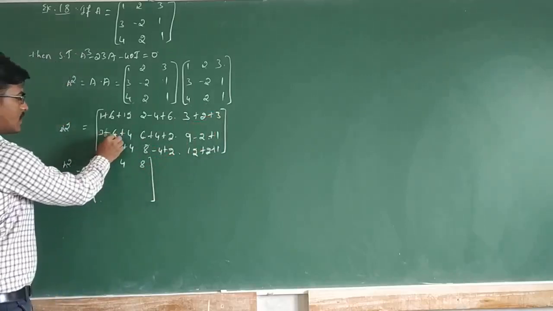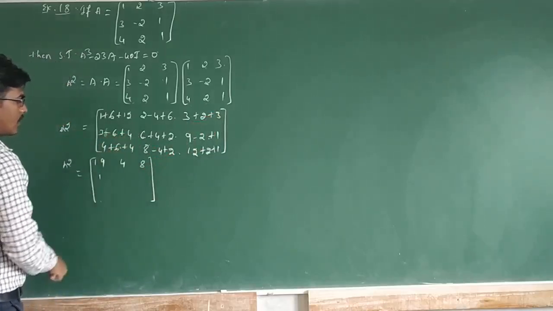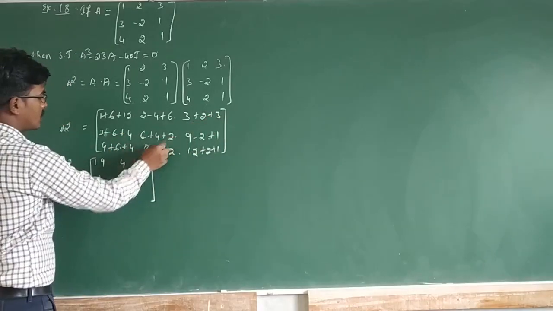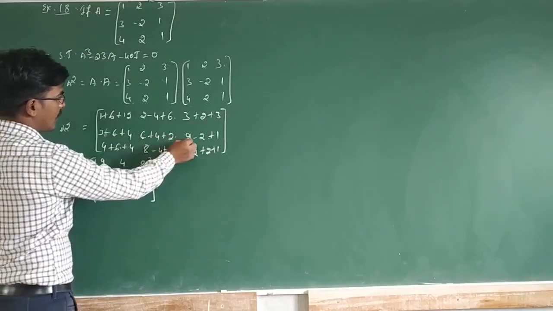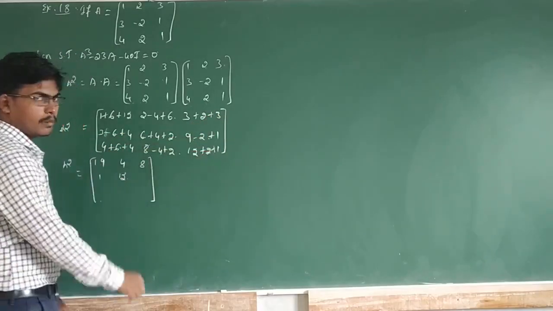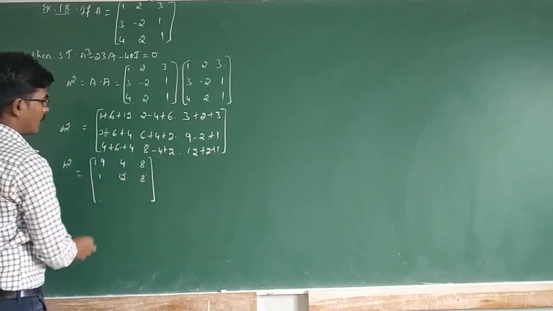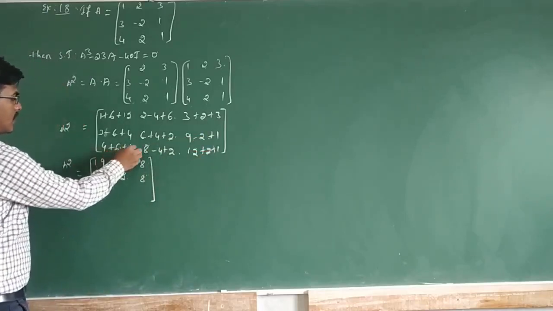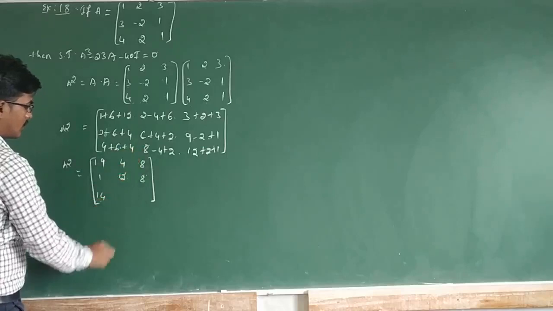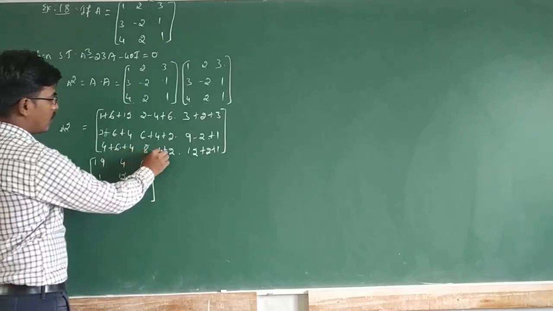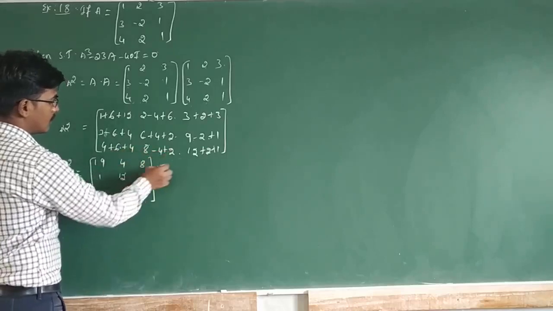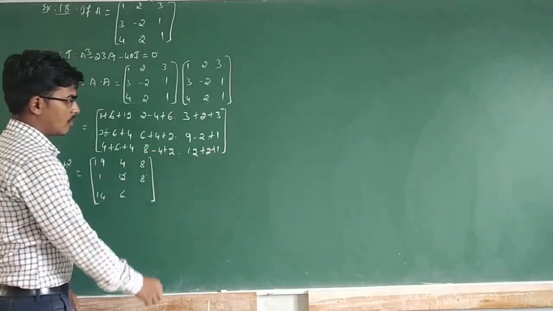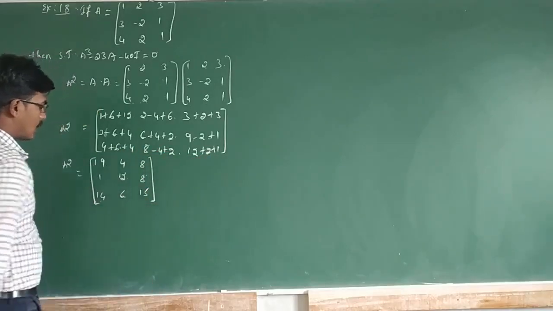Then 3 minus 6 plus 4 is 1, 6 plus 4 plus 2 is 12, next 9 minus 2 plus 1 is 8. Then 4 plus 6 plus 4 is 14, 8 minus 4 plus 2 is 6, 12 plus 2 plus 1 is 15. This is A square.